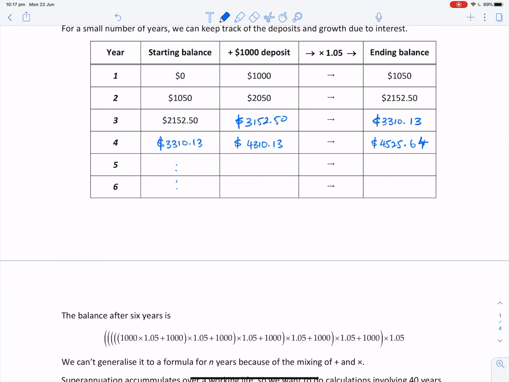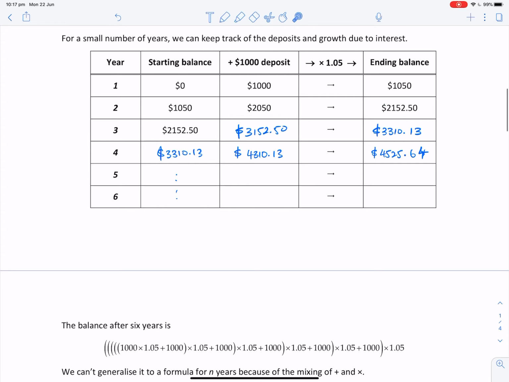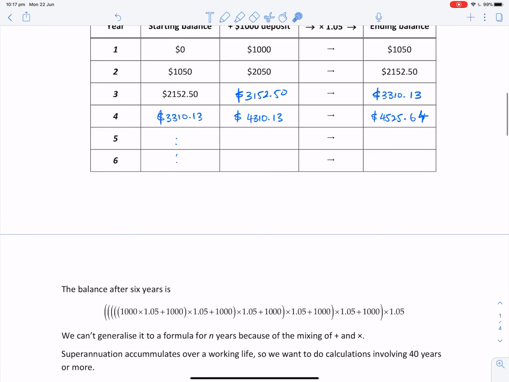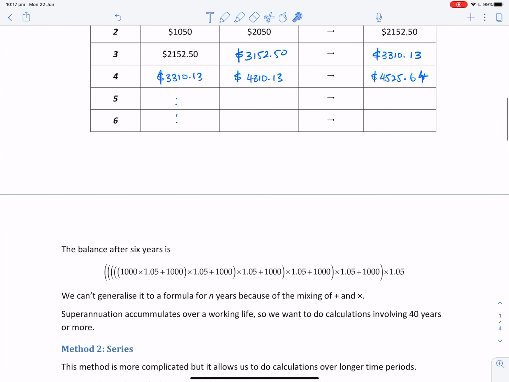It just shows what we're doing. We've got the original $1,000, and then interest is applied, then we make another deposit, then interest is applied, then we make another deposit, then interest is applied to everything so far, and so on. It just shows that working out the future value of this is quite complicated, and it's quite amazing that we can do it at all.